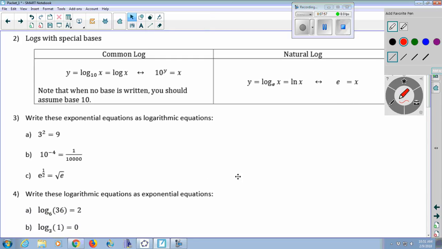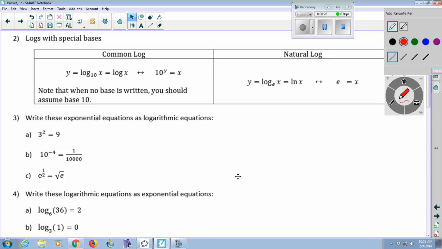We know some special bases we work with. One is the common log: when we see log of x, we understand that to be log base 10. It's never written in; log x just means log base 10. So if you wanted the equivalent exponential problem for log x, same base 10, the input to my log is the output for my exponentiation.